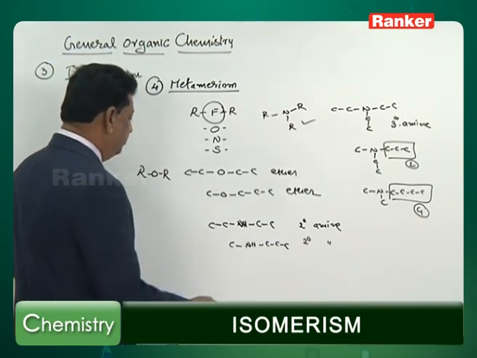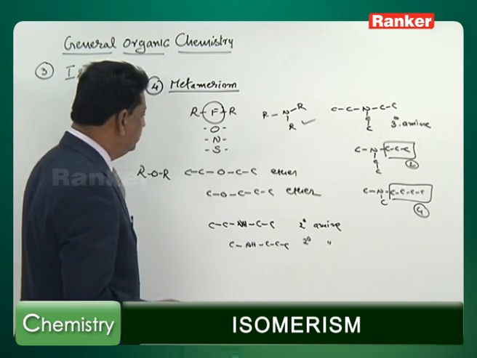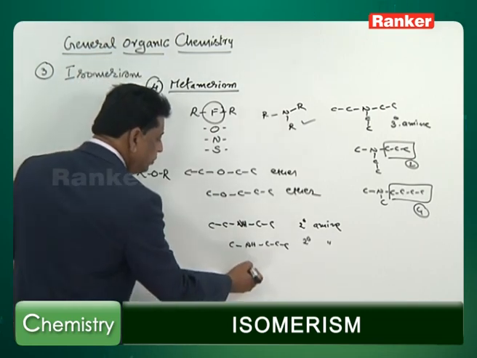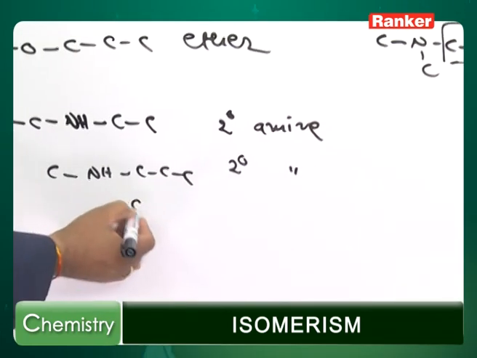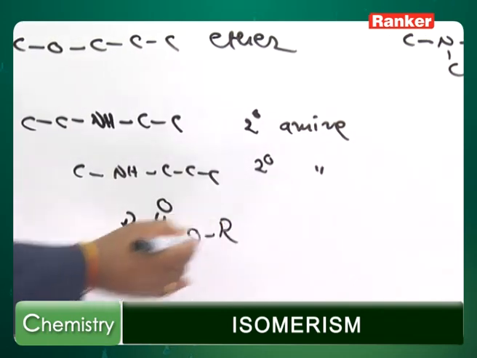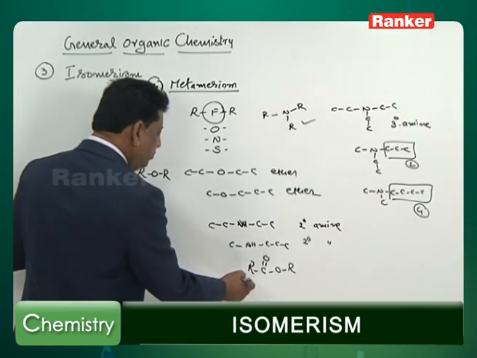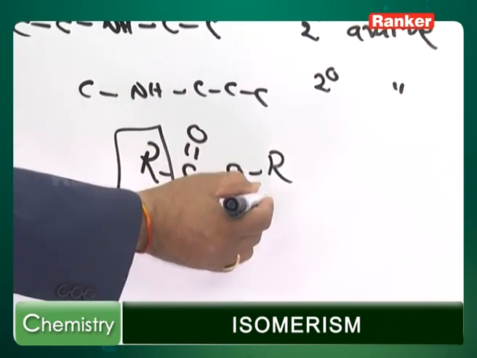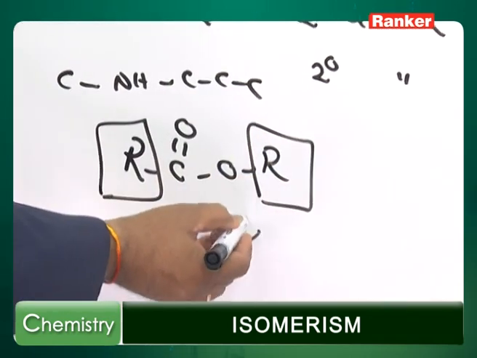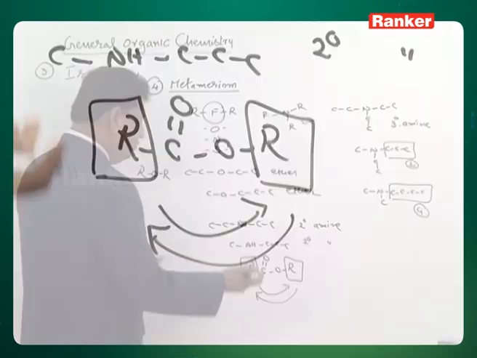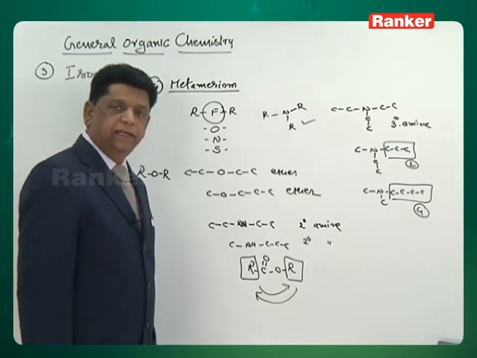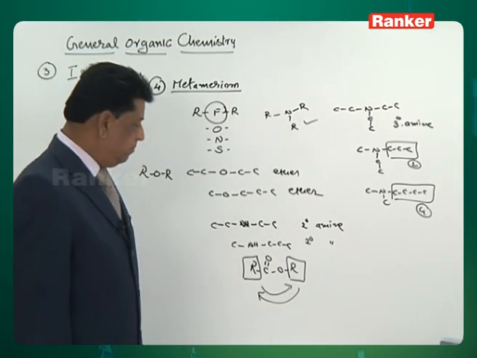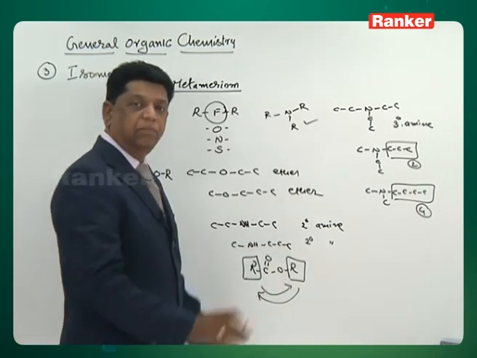You can have it with sulfur also. You can have groups like RCOOR, this is an ester. In the ester also there are some alkyl carbons. So, from this side to that side or that side to this side, you shuffle and see that the ester functional group is restored, but the number of carbons are jumbled.